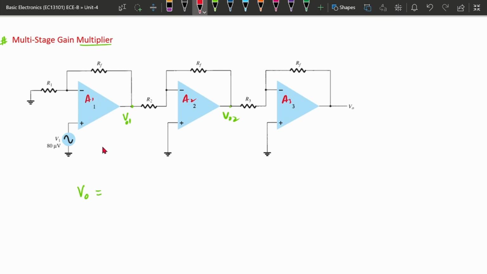So there are three different operational amplifiers and they have three different gains. For each operational amplifier there will be an individual gain. So the final output that we will be getting will be the multiplication of the individual gains and the input.